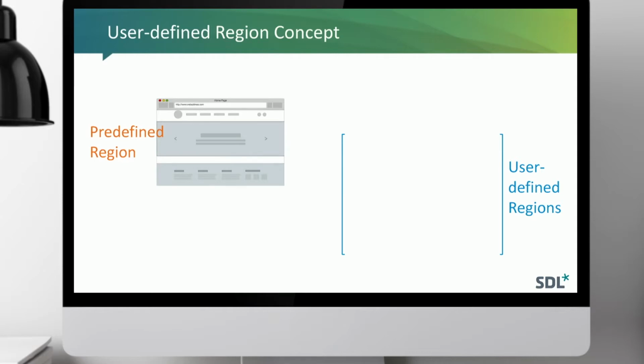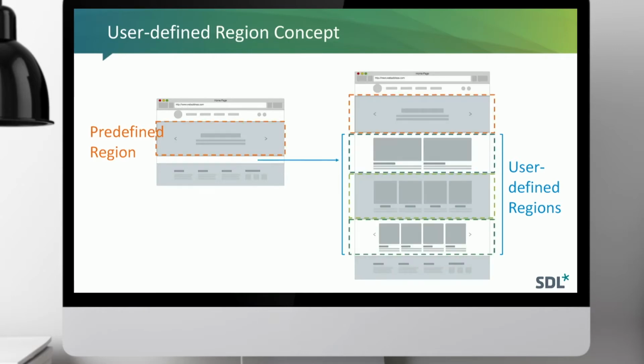In this illustration, I may already have a predefined structure, but I may want to allow my page editor to insert additional regions. So the structure doesn't have to be completely predefined. I may want to leave it up to my page editor to give him some control over the layout of the page by inserting certain regions which are still defined by means of schemas. And it just gives more control to the page editor.